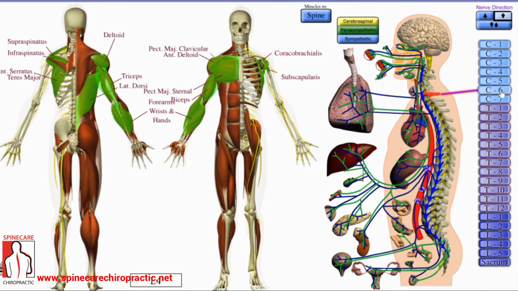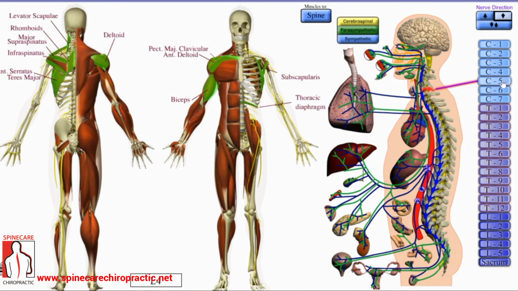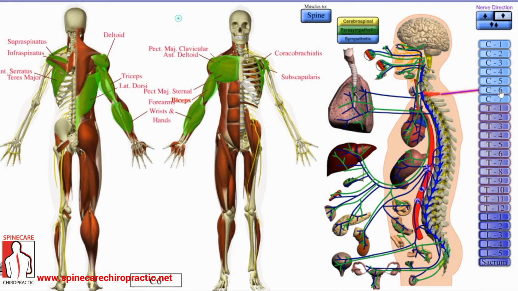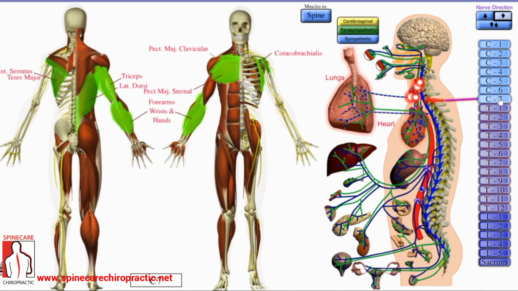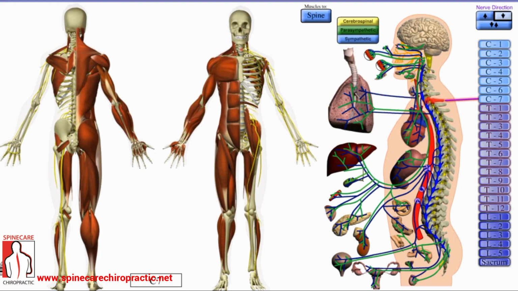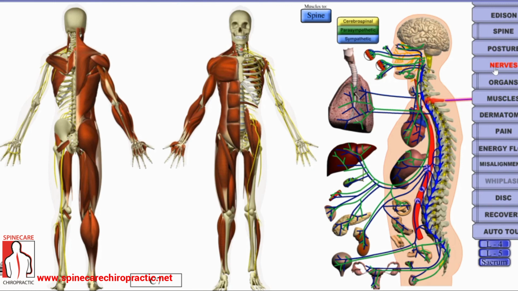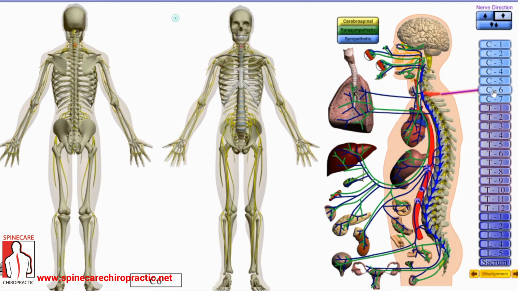In the neck, say for example you have a slip disc around the bone at level C5 or C6 or C7, it can also affect the muscles in your arms and your shoulder areas. And if you look at the nerves, they actually travel down to your hands. So C6 goes to your hands, C7 goes to your hands, C5 goes to your hands.